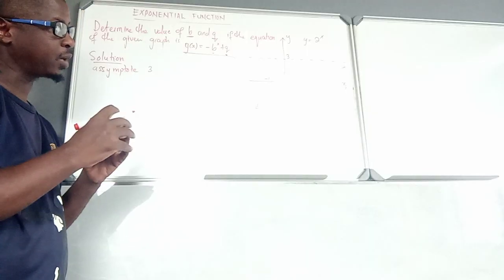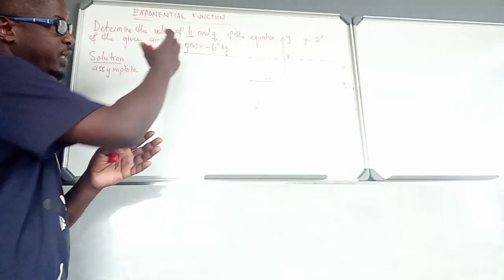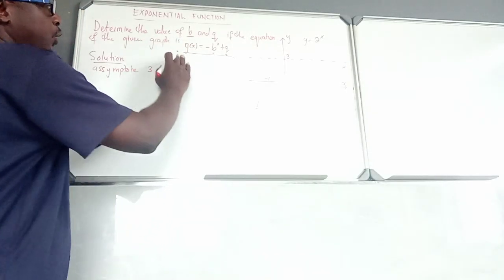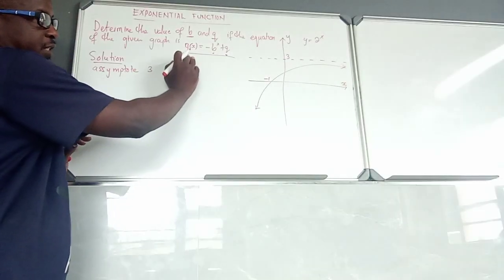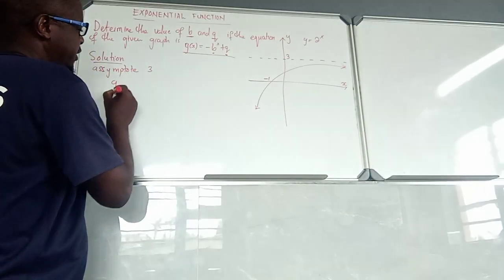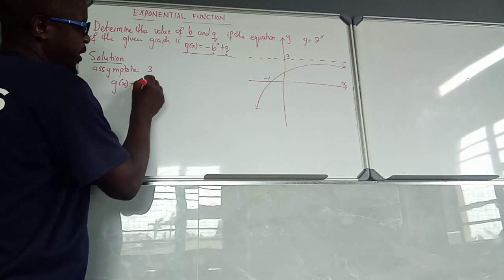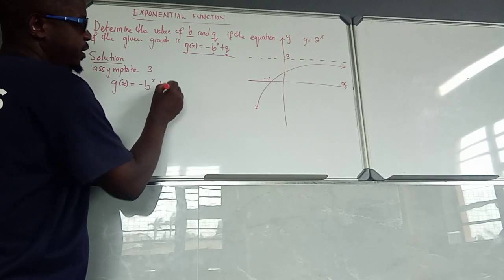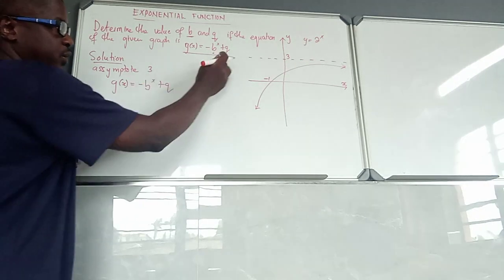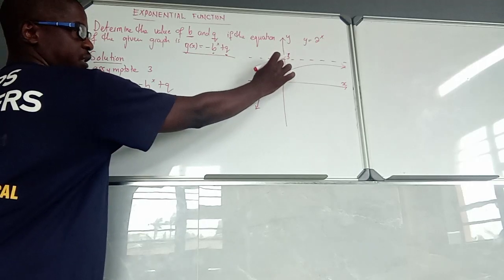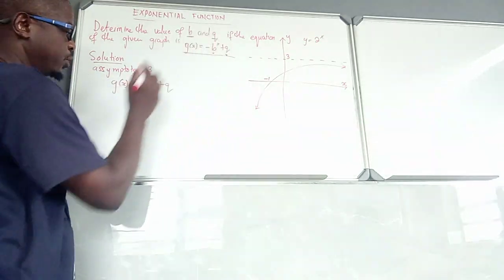We are going to take our asymptote value and place it into our function. So our function is g of x is equal to minus b to the power of x plus q. I'm going to take this value here, 3, and replace it into our asymptote.